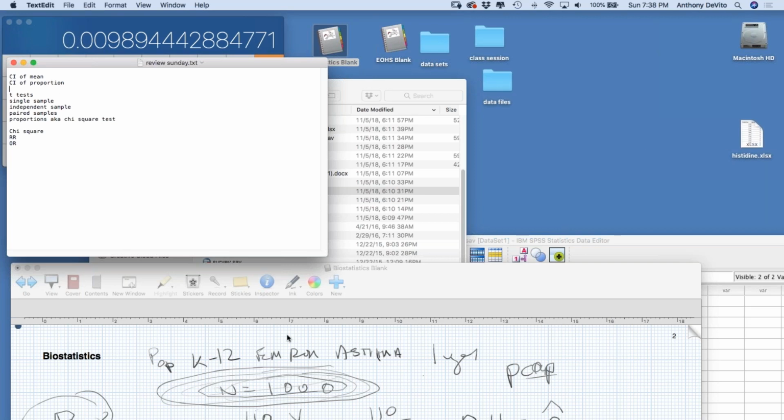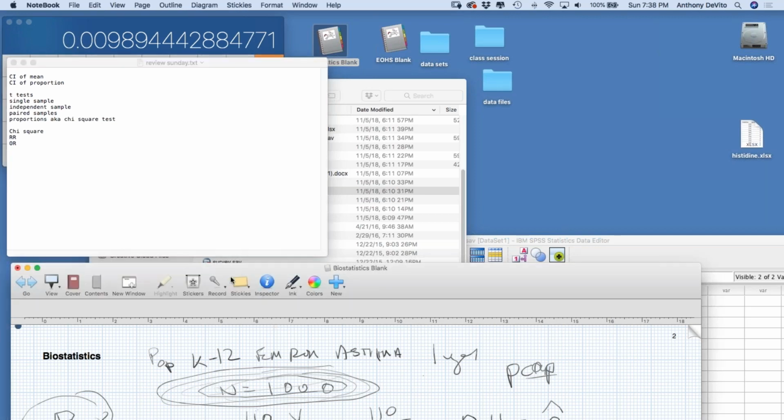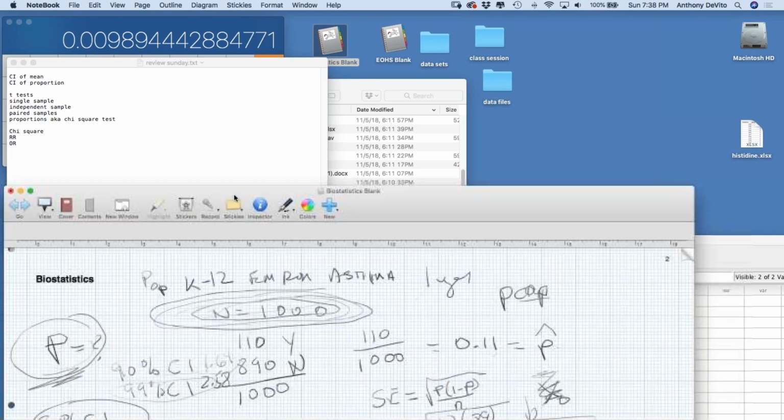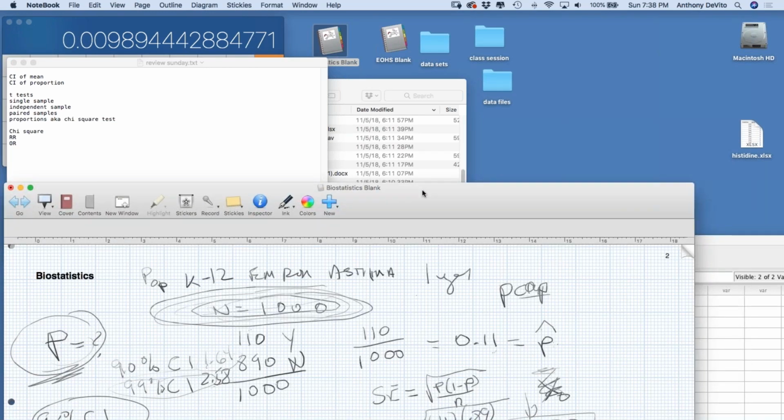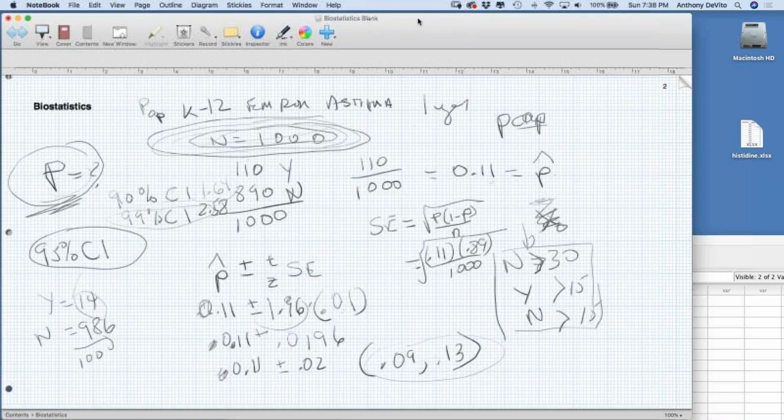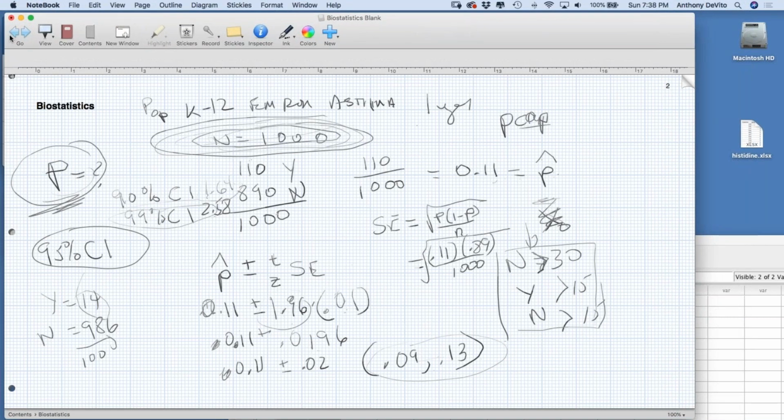Now, hypothesis testing: what we're doing there is taking the information that we know from a sample about a population, and making a prediction about what level of certainty we have that we can say that two populations are different from one another.